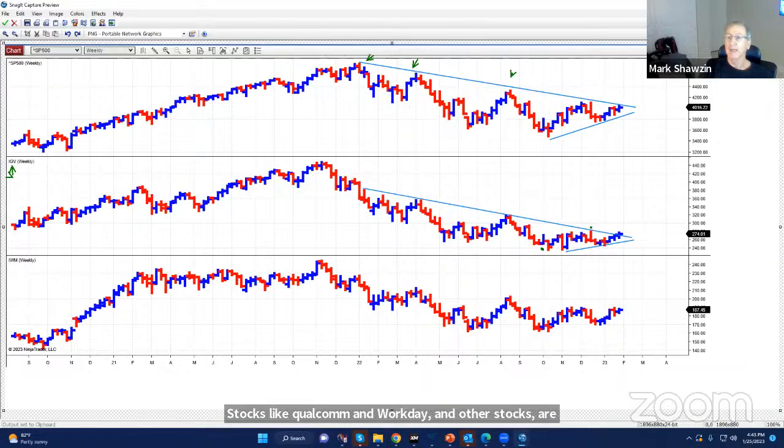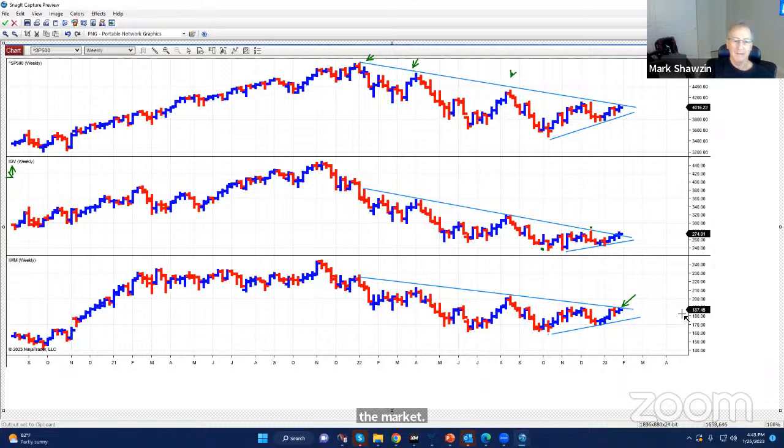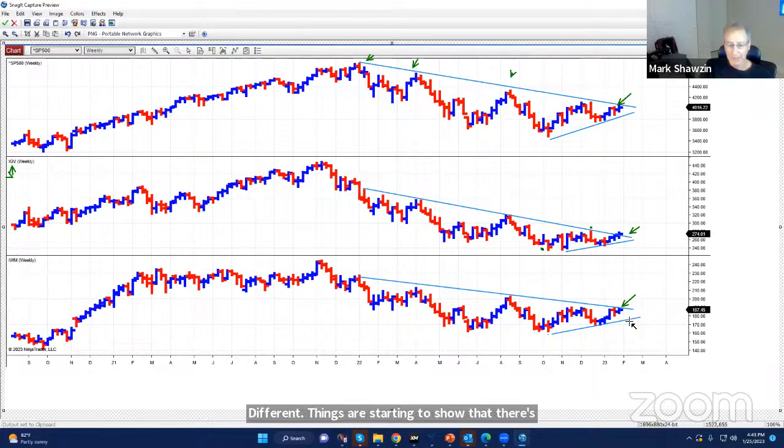The other index I'm looking at is the Russell 2000. So it's just good to look at a number of different sectors, a number of different segments of the market. But all of these different things are starting to show that they're hanging out at the high end of their resistance level.